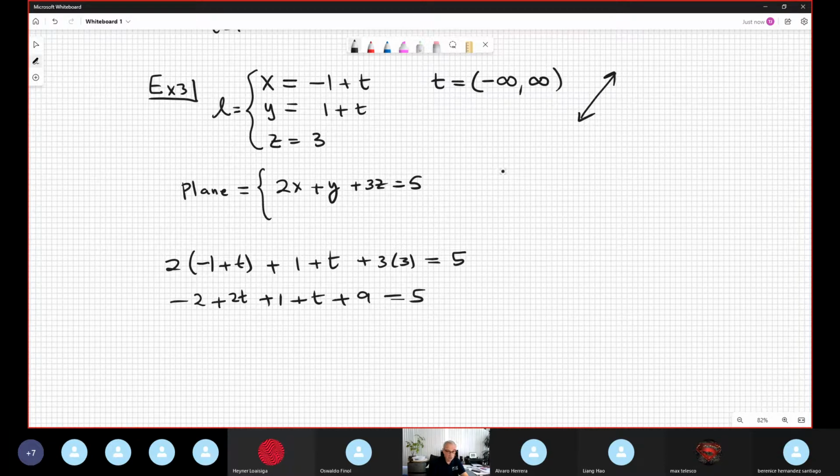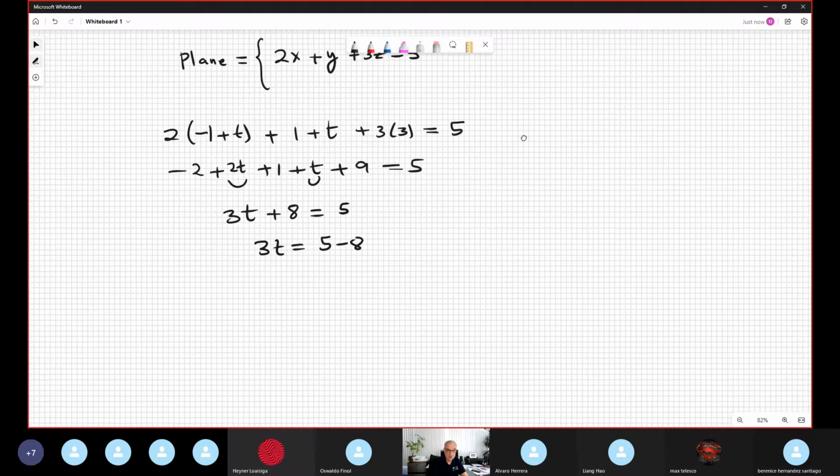Combine like terms: 3t, this and this together. And this is 8, because 10 minus 2 is 8, plus 8 equals 5. And 3t is equal to 5 minus 8, which is -3. 3t equals -3, divided by 3 both sides. t is -1. Okay, and that's it. No, this is the beginning.